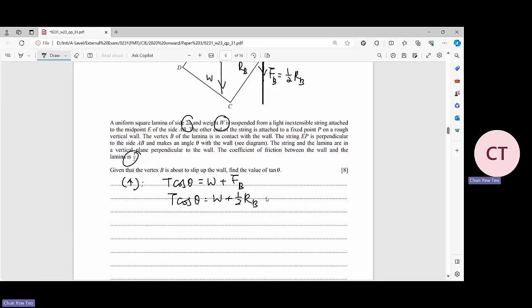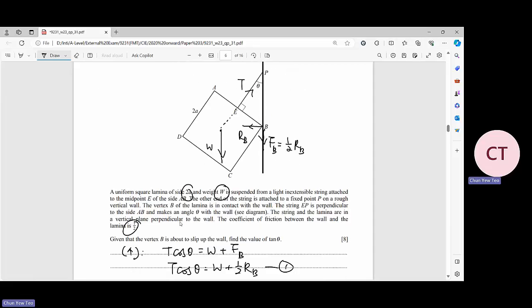I call this equation number 1. And if you resolve the forces horizontally, you will get T sine theta is equal to RB.